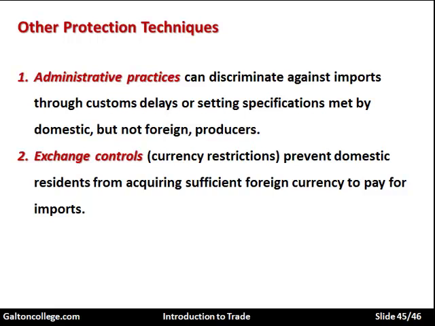Now, a lot of what I've said here is more traditional economics. The world has, in a sense, moved on to some extent, and now we see greater emphasis on trading blocs throughout the world. In Europe, we have the European Union, which is a very large trading bloc, and there's the free movement of goods and people within the European Union. So what we've talked about here does not apply within the European Union.